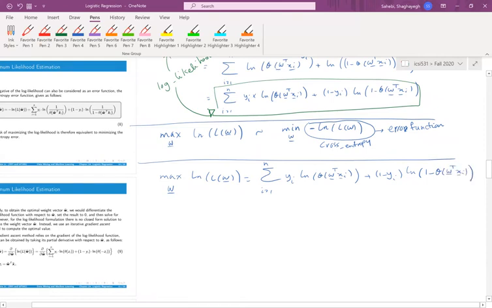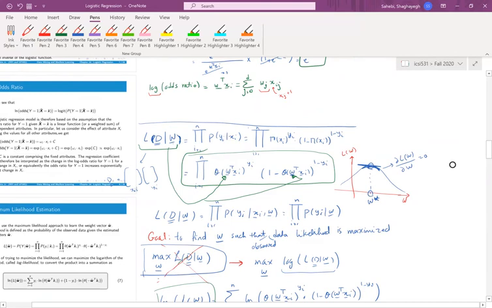So we want to do that. Suppose that we only have one parameter W, so we are in one-dimensional space. What we usually do is that we take the gradient, set it to 0, and find W star.